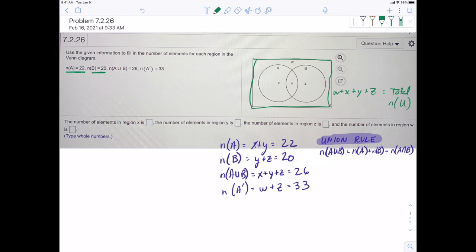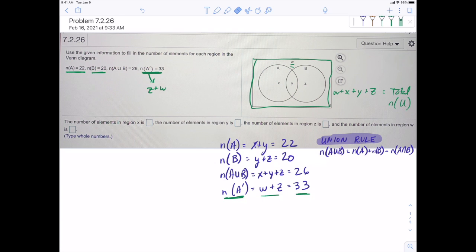And then the number of things that are not in A. Okay, what is not in A? Well, if x is in A and y is in A, everything that's in A, the things that are not in A is z plus w. So the things that are not in A, w plus z, is 33.